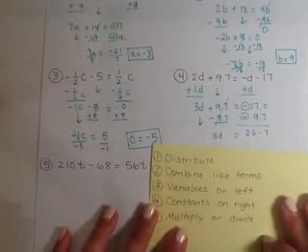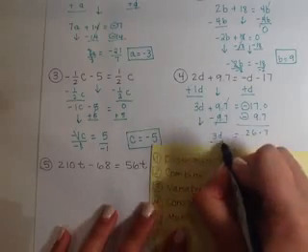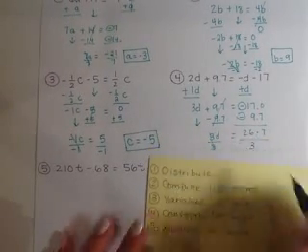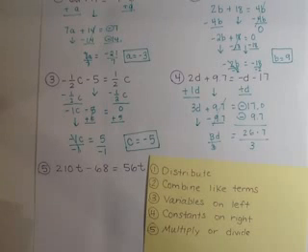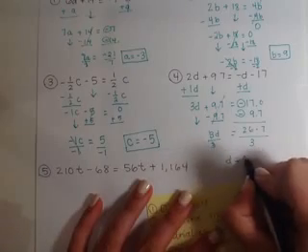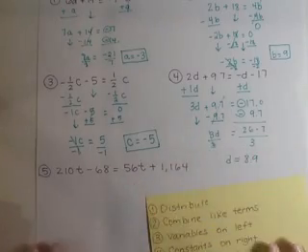Now I'm still trying to get D by itself, but D is being multiplied to 3, so I will divide by 3. 26.7 divided by 3, D equals 8.9.